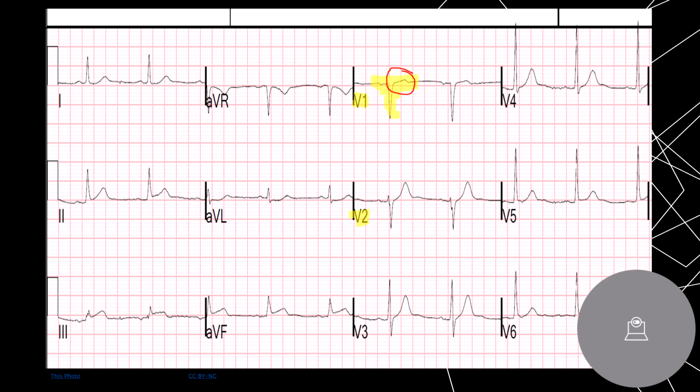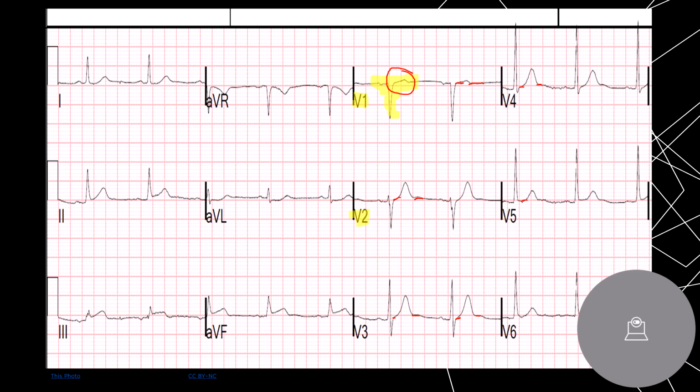So again, baseline, J point. Oh man, you might have a smidge there, but not really noteworthy. Nothing in V2. J point, maybe a smidge of depression, but not really noteworthy. No, it looks pretty good.